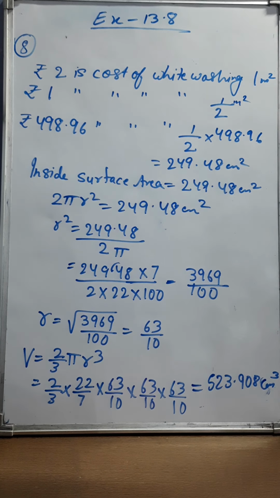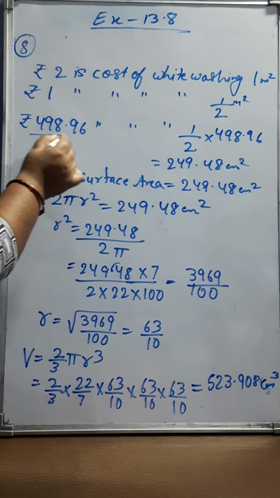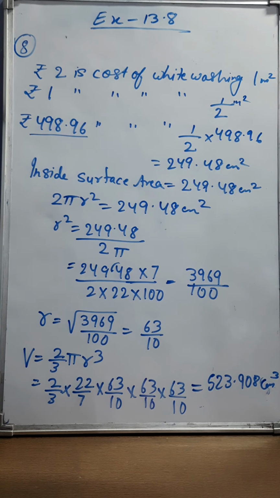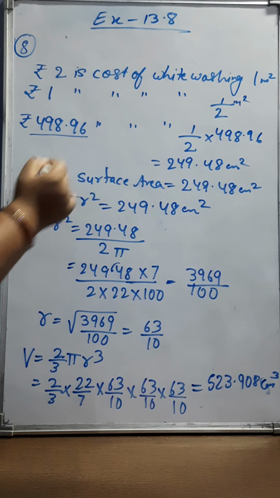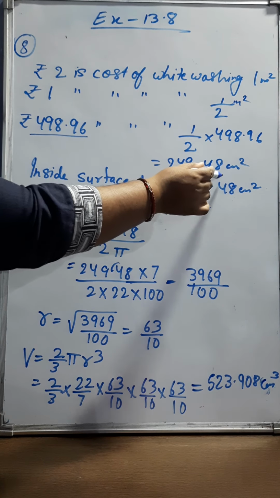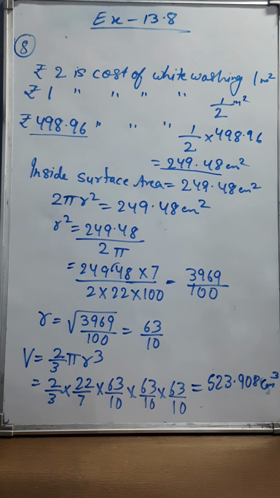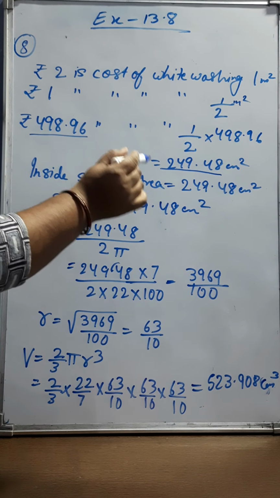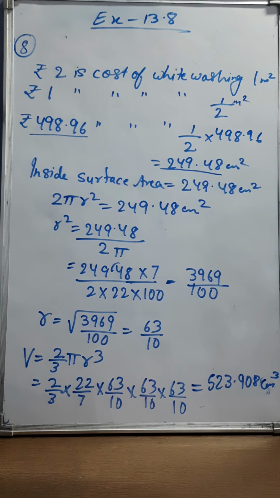This I am doing by unitary method. So the cost which is given to you is 498.96 rupees. So definitely this is the cost of 1 by 2 into 498.96 meter square. If you calculate it, it comes to 249.48. So clearly the inside surface area of the dome is 249.48 meter square.